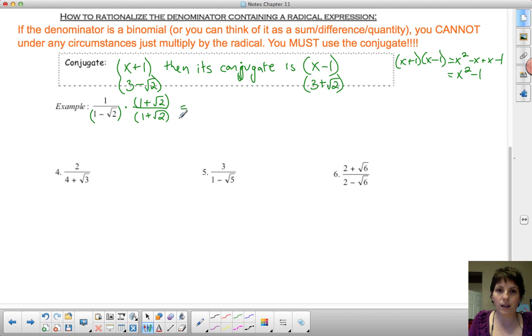We're going to do 1 times 1 to get 1. Outers: 1 times positive root 2. 1 times negative root 2, there's your inners. Negative root 2. And then we're going to do negative root 2 times positive root 2.